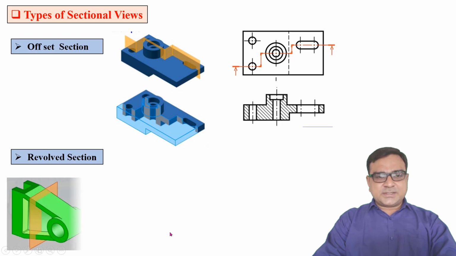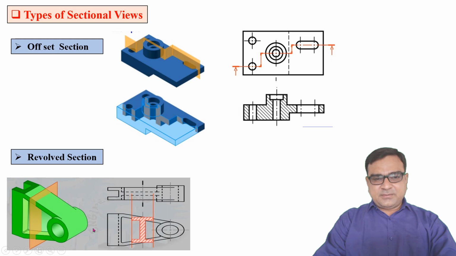Now revolved section. In this object, which is tapered from here, the cross section varies from left to right. The shape of the cross section remains the same, but the size of the cross section reduces. In this type of section, we can understand the cross section of the part using revolved sections.